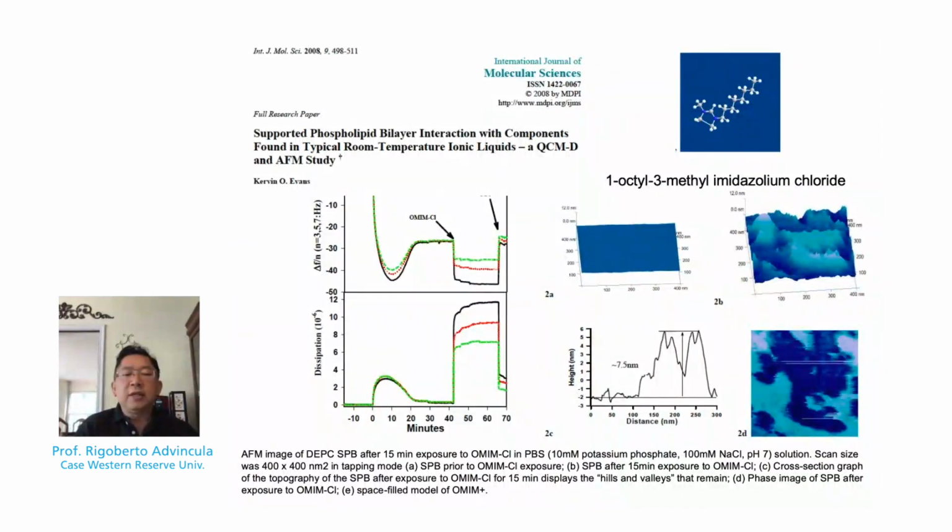So the conclusion of this study shows that the ionic liquid influences dramatically the equilibration of the film, in that the very strong ionic field actually causes the formation of hills and valleys, which then represents a very dramatic change on the viscoelastic nature, as shown by the extent to which the dissipation changes in correlation with concentration.